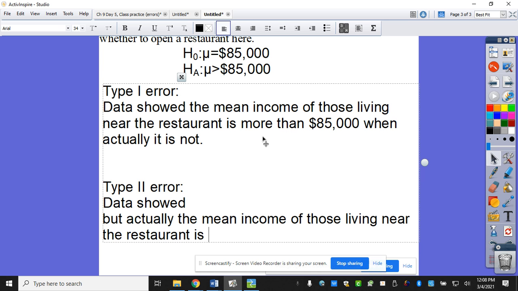No, I'm spelling that wrong. But actually the mean income of those living near the restaurant is more than, so what should I go backwards and put here?